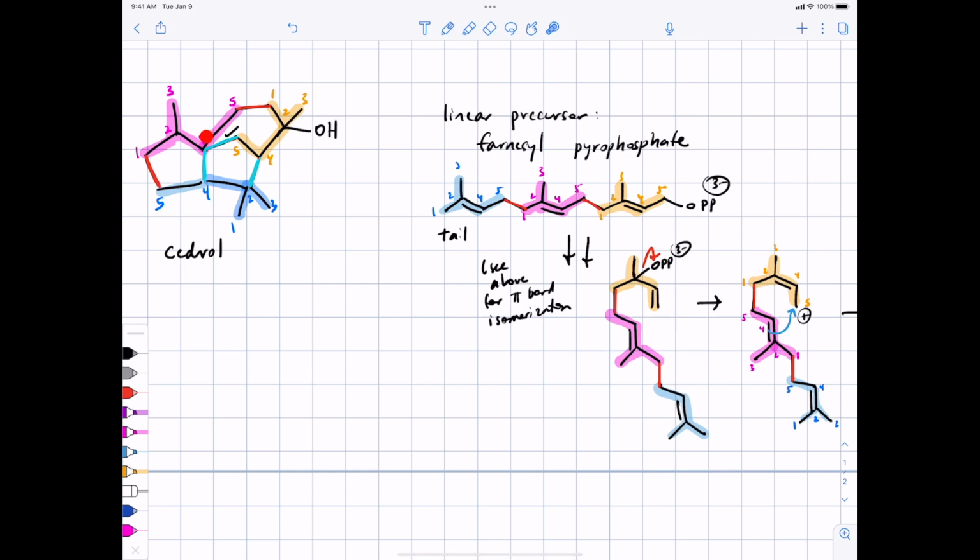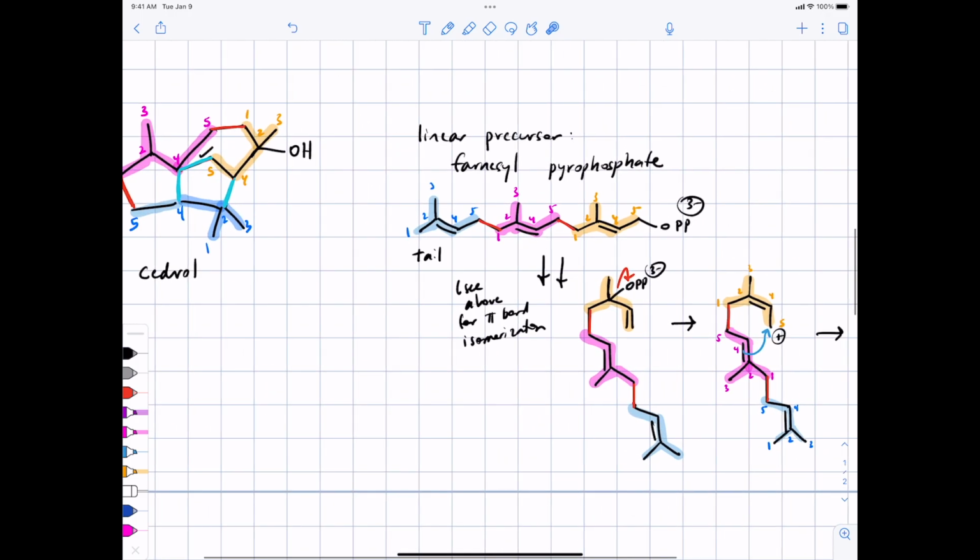I know that I need a bond between orange 4 and blue 2, but right now I haven't even got a positive charge on blue 2. Based on the atoms that are involved in these bonds, you can tell who was the electrophile and who was the nucleophile, right?